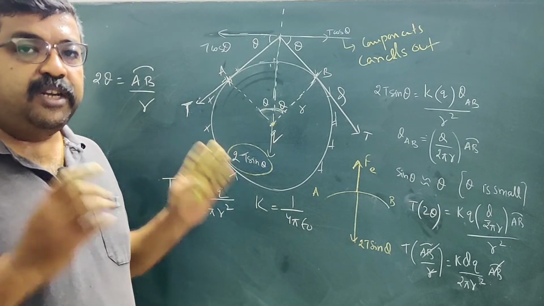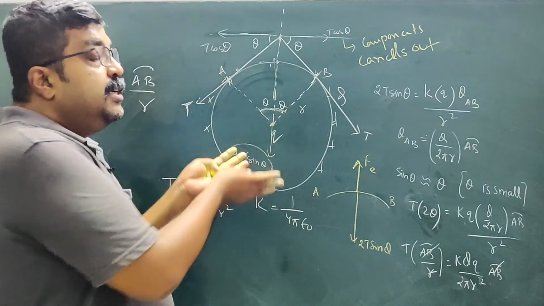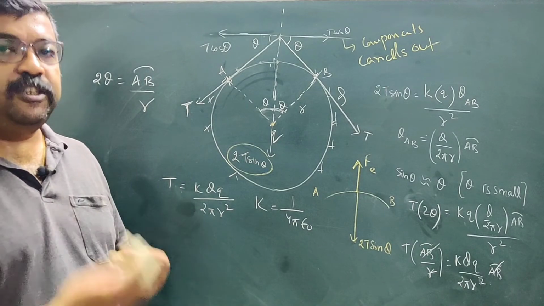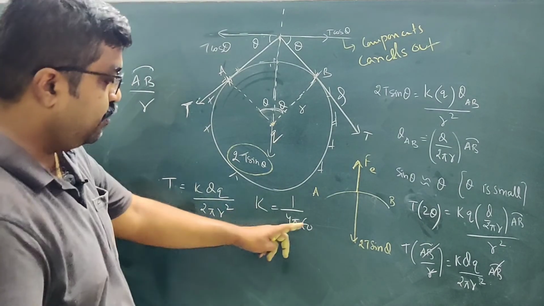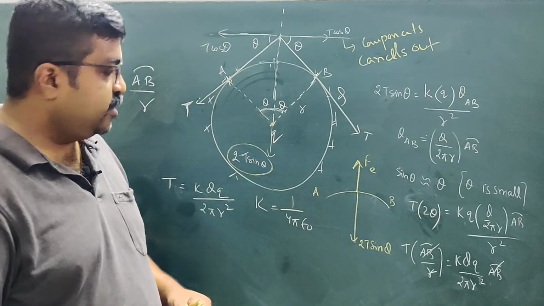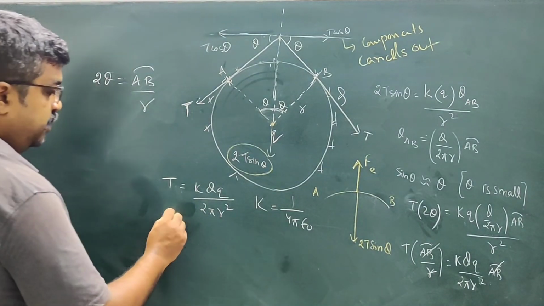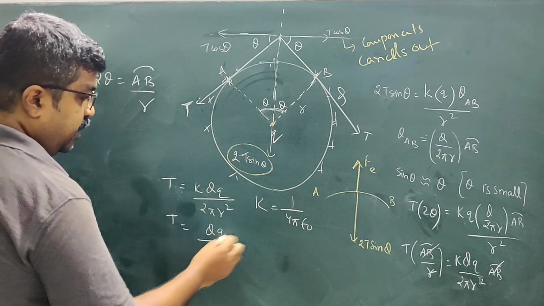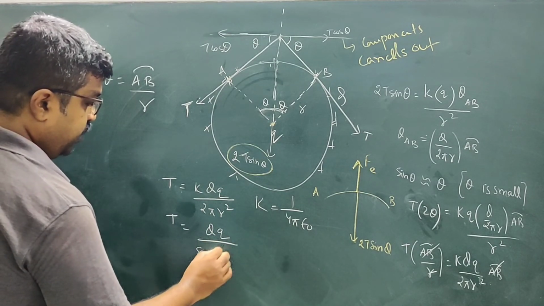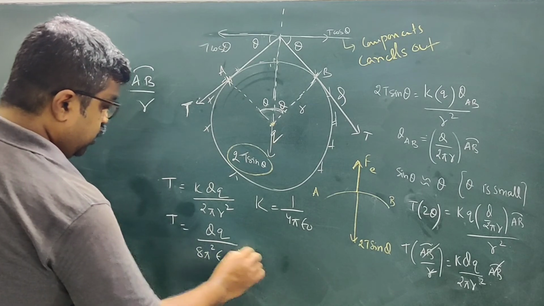If nothing is said about the medium, then we have to assume that this arrangement is placed in free space. So K is equal to 1 by 4π epsilon naught, where epsilon naught is the permittivity of free space. So this becomes T is equal to Q square by 8π square epsilon naught R square.